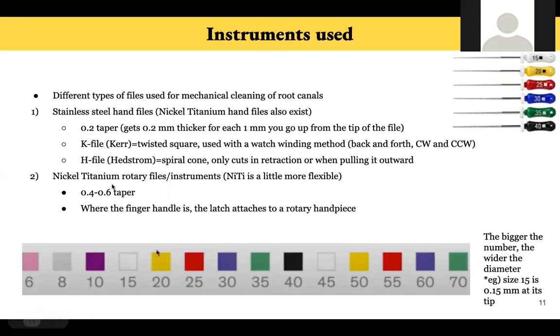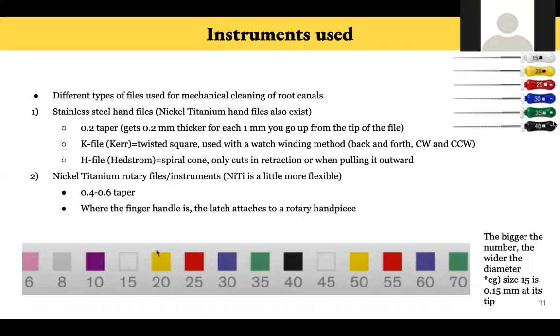And a characteristic feature of these rotary files is the 0.4 to 0.6 taper instead of the 0.2 taper we talked about with the stainless steel hand files. And what the 0.4 to 0.6 means is that for every 1 millimeter that we go up from the tip of the file, the diameter of the file gets larger by 0.4 to 0.6 millimeters.